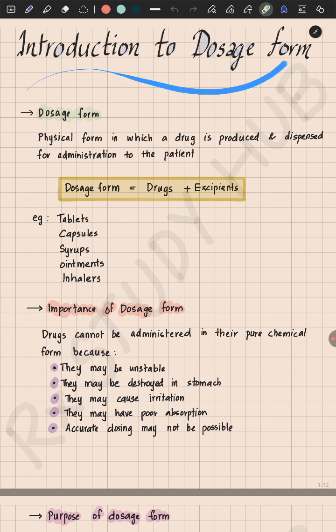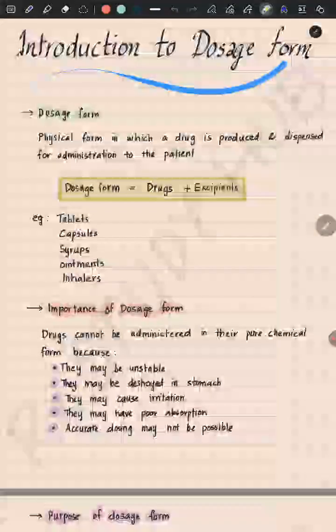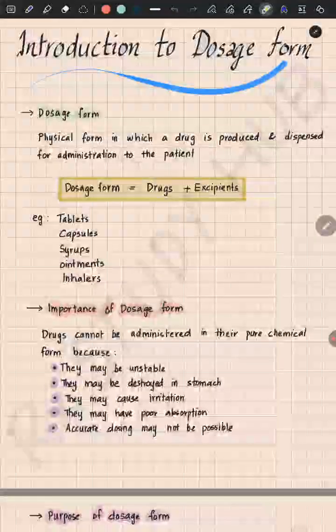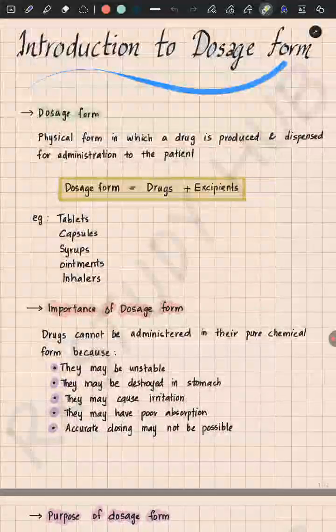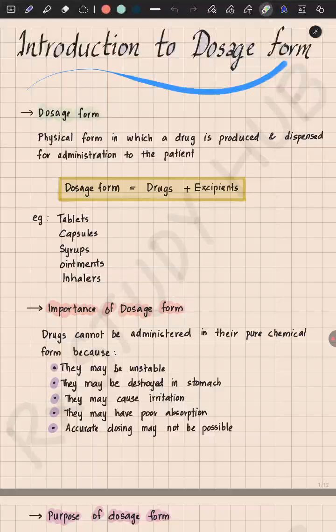Now you might wonder, why can't we just give the drug as it is? Why do we need to convert it into different forms? This brings us to the importance of dosage forms. Dosage forms are essential because they ensure that the drug can be delivered to the patient in a safe, effective, and convenient manner. Many drugs are unstable in their pure form and can degrade when exposed to light, air, or moisture.